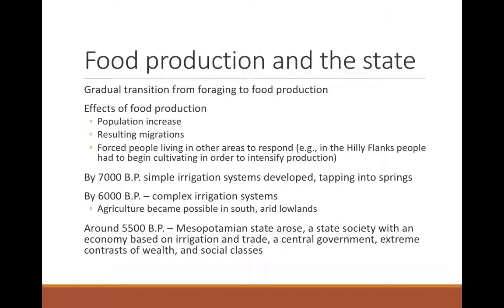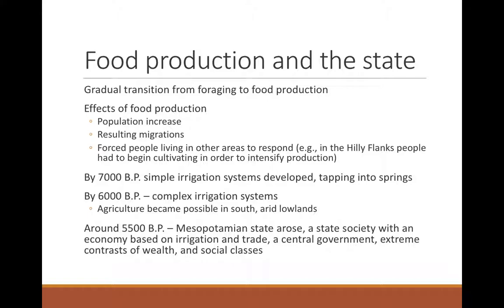And so as people migrate out of areas where they've been practicing agriculture, they're not going to go back to foraging when they get to a new place. They're going to take that knowledge and seeds and the technology and practices with them wherever they go, so that they're able to practice agriculture in a new area. What this does is forces people in the new areas to respond.